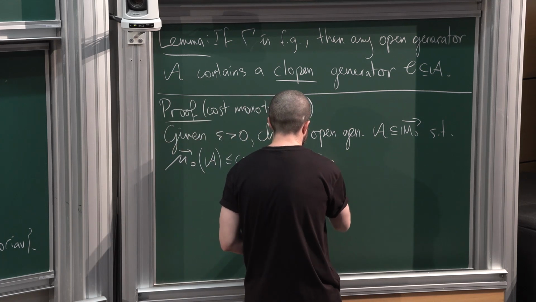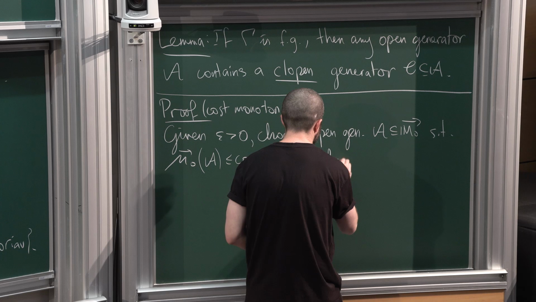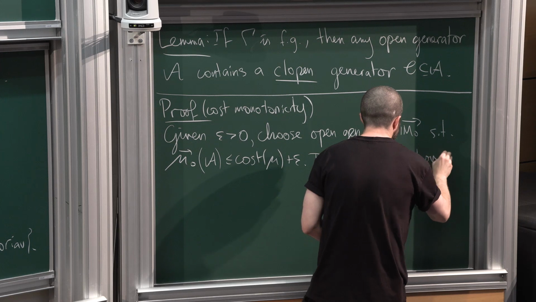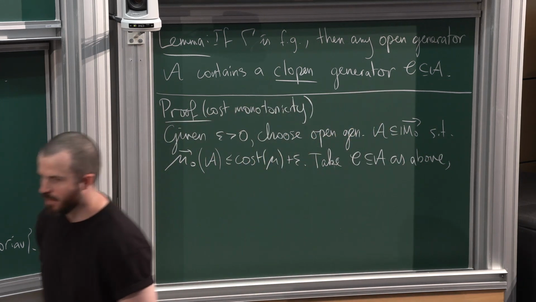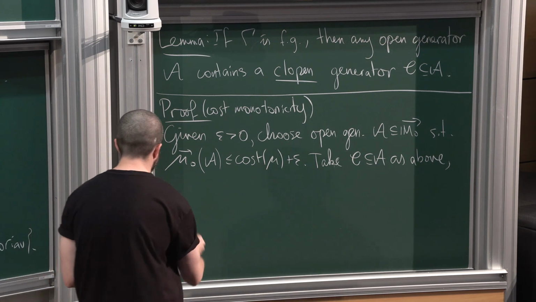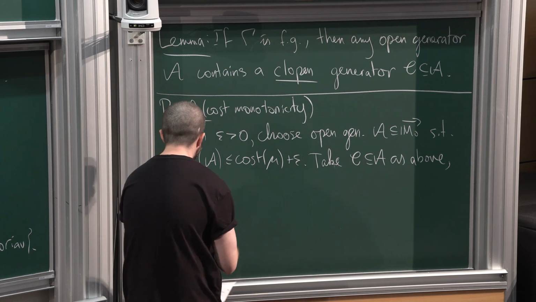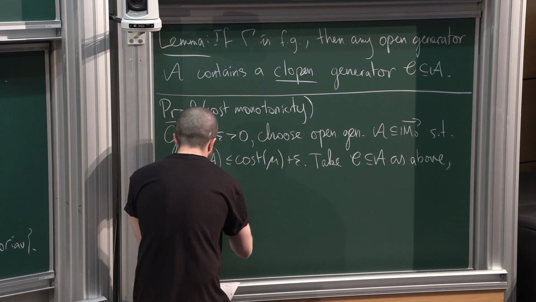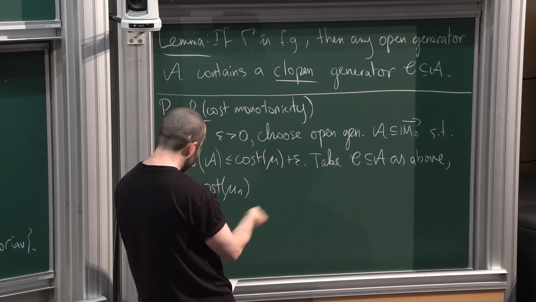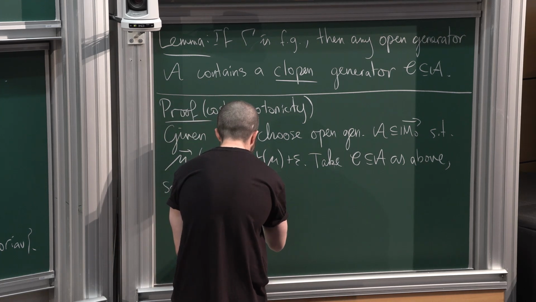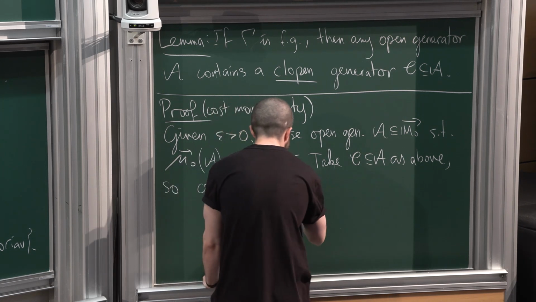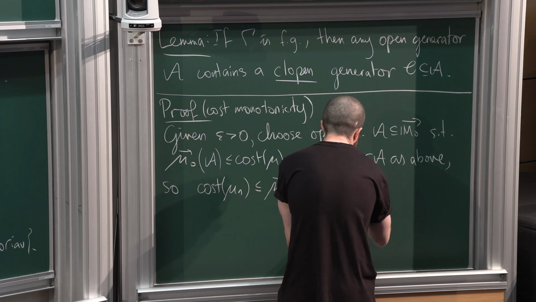Now, take C as in the above lemma. And now we have a very short computation. So if I were to try to compute the cost of mu n using this C, I mean, C is a generator, right? So by definition, I can plug it in. And I get that this is at most the arrow measure of this C. Right, C generates.